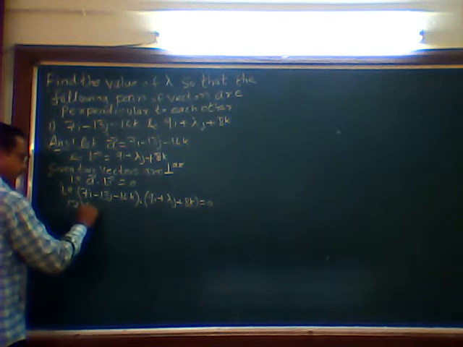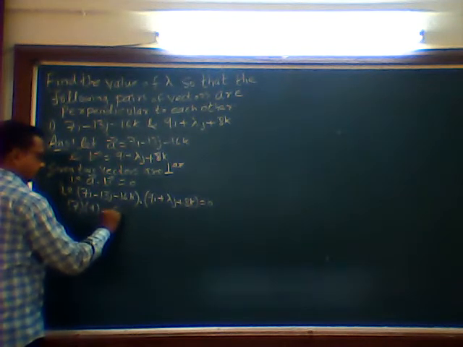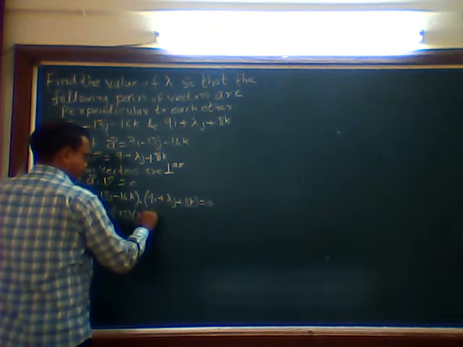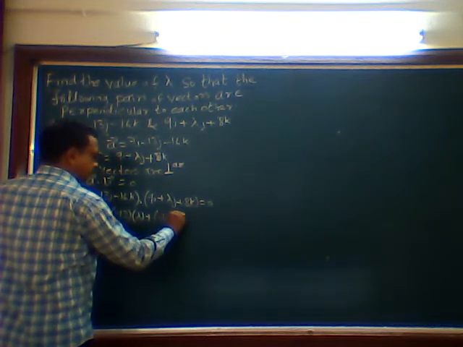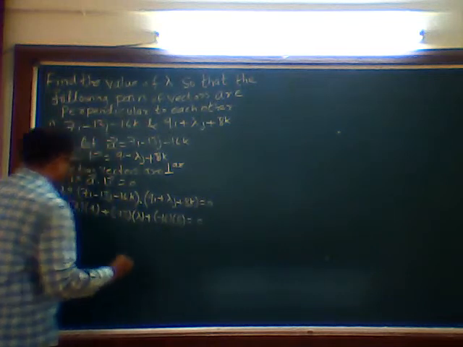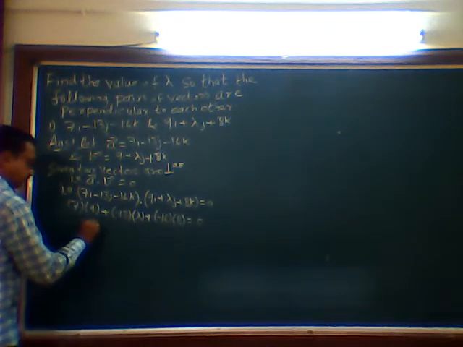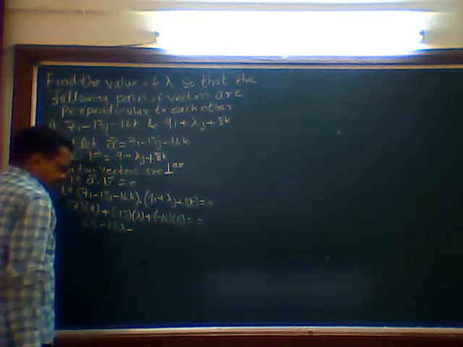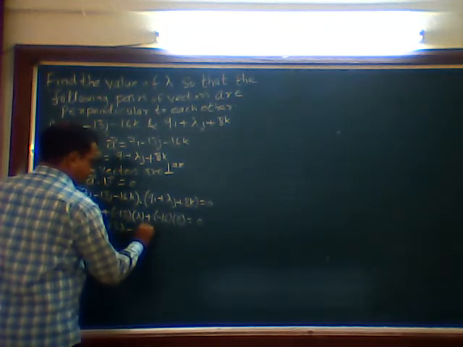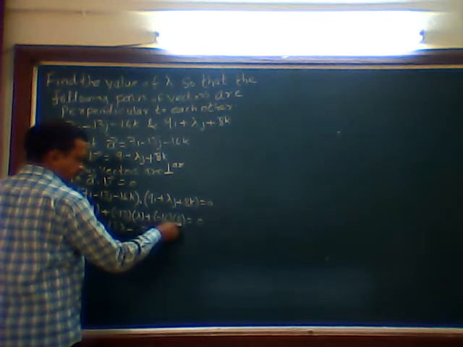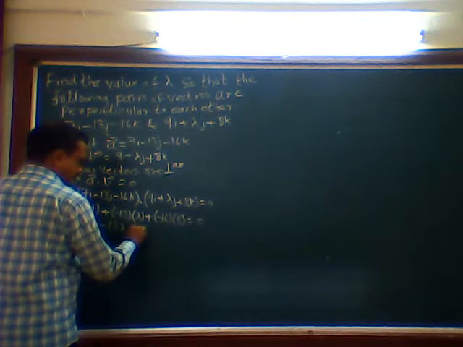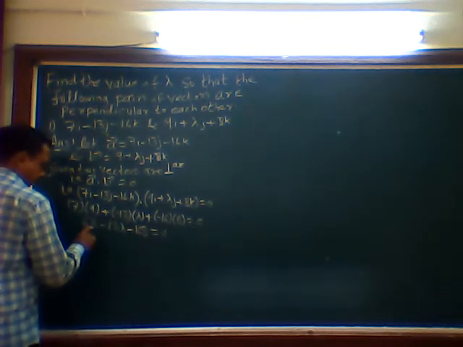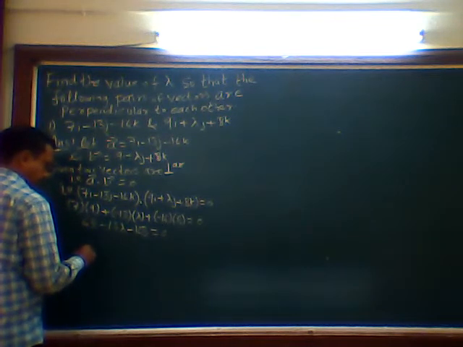So 7 into 9 plus minus 13 into lambda plus minus 16 into 8 is equal to 0. 9 7s are 63, minus 13 lambda, minus 16 into 8, 8 6s are 48, 4 carry over, 8 plus 4 is 12.